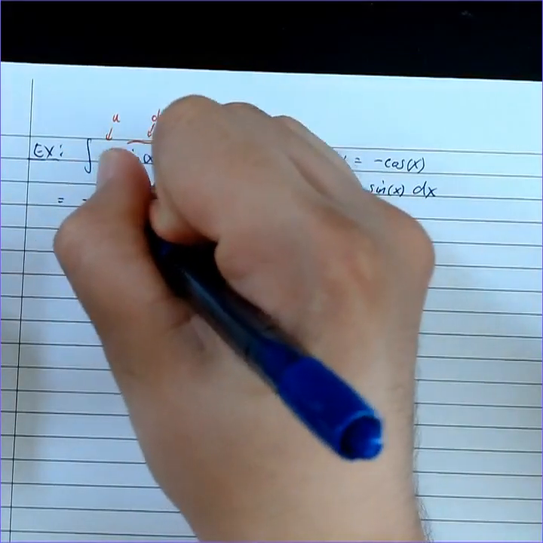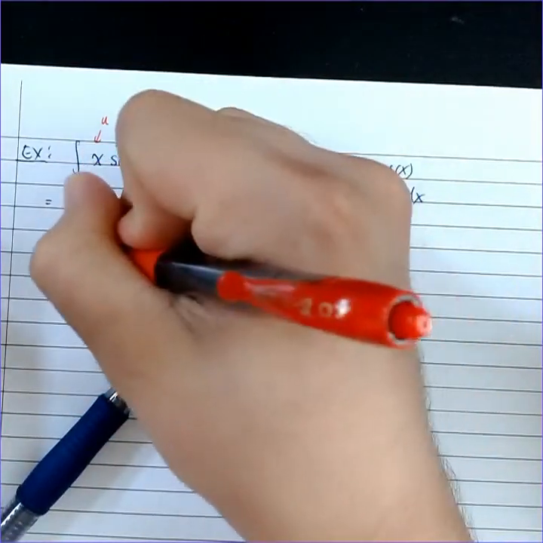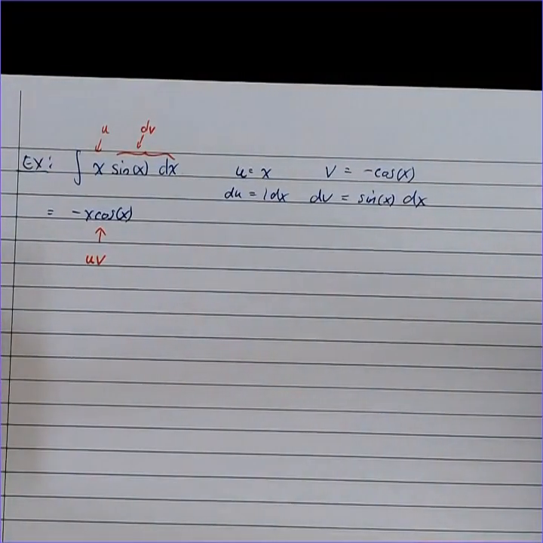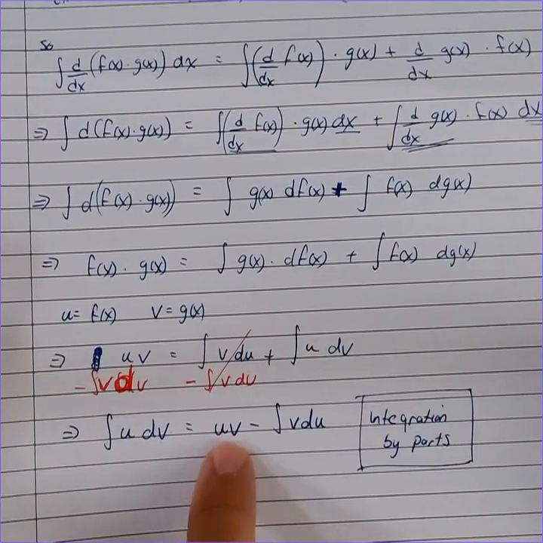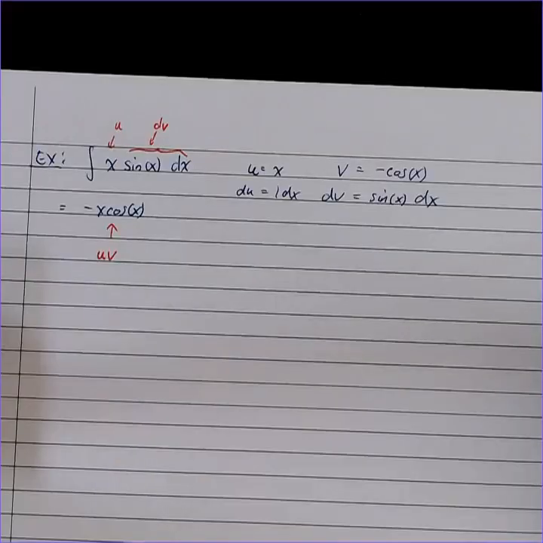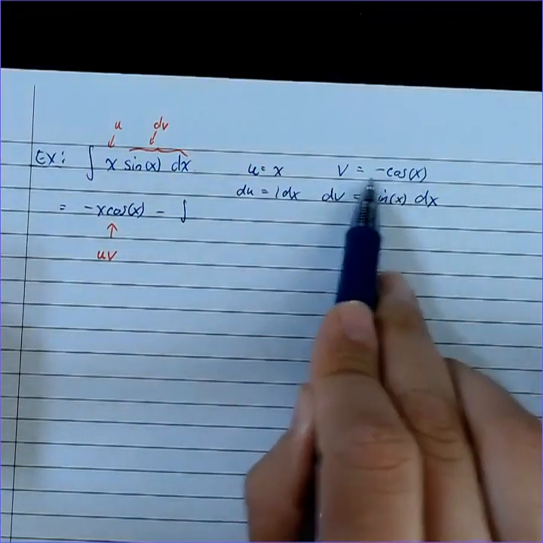So negative x cosine of x, that's going to be your uv, minus the integral. And then once you have this, you're going to subtract away the integral of v du. So that's going to be minus the integral. There's your v.